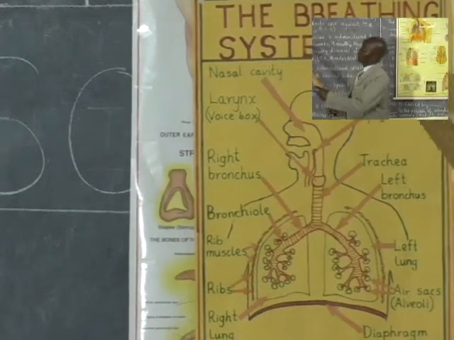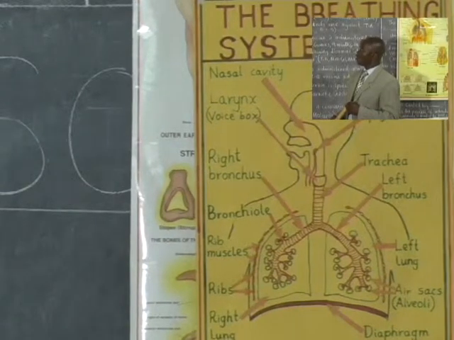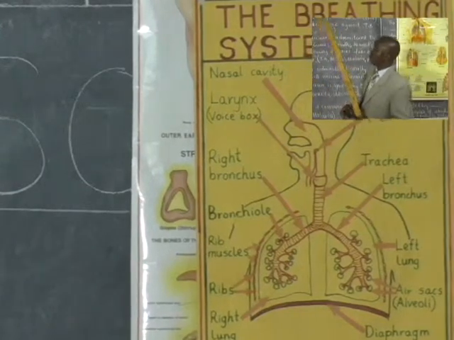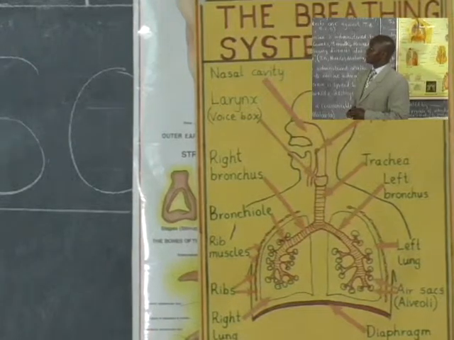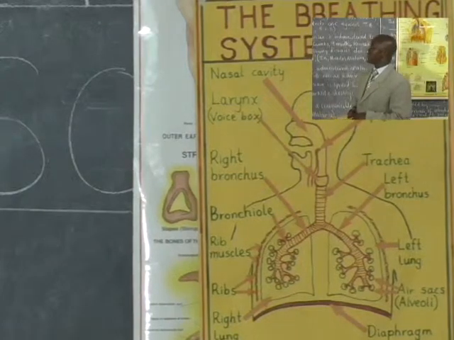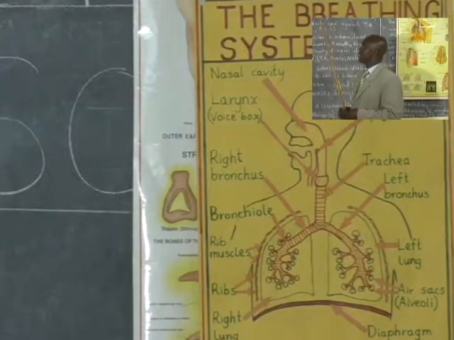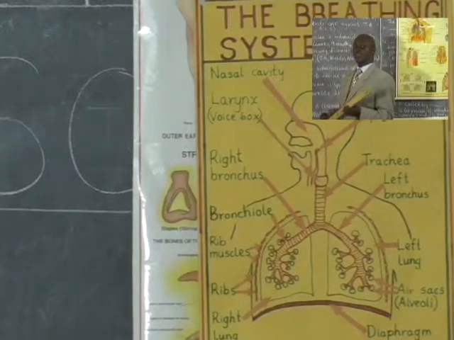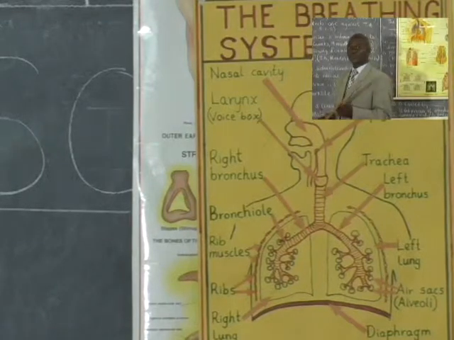To start us off, the breathing system involves taking in air. And so, what is air? Air, as was studied in the previous classes, is a mixture of gases. And the gases that are involved in the air that we breathe in and out include oxygen, carbon dioxide, nitrogen, water vapor, and a few other environmental particles of dust that can be taken in, though they don't form part of air.